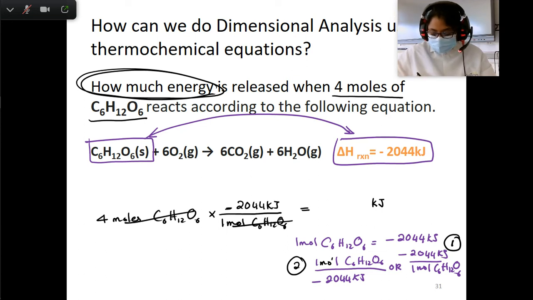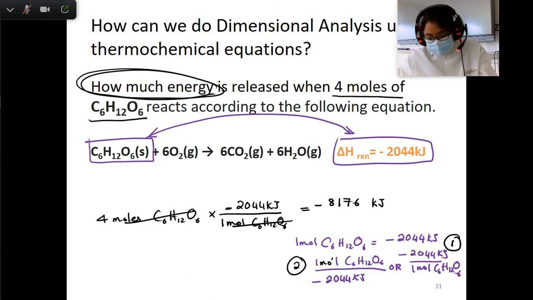Moles and moles cancel out. 4 times 2044. Let's calculate. Will give me negative 8,176 kilojoules of energy. Okay, basic dimensional analysis, but using a chemical equation.